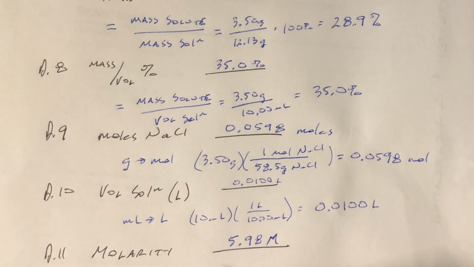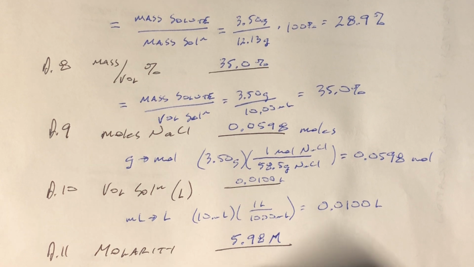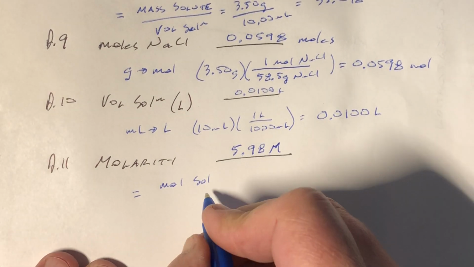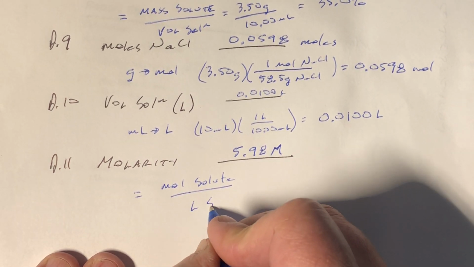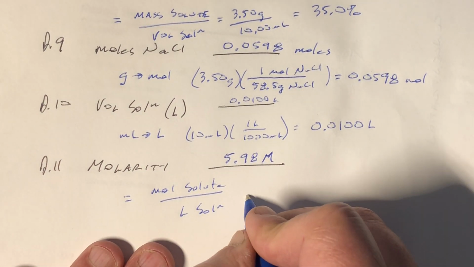And my molarity takes me back to needing definitions. Molarity is going to be moles of solute over liters of solution, which conveniently is the previous two numbers we just calculated.